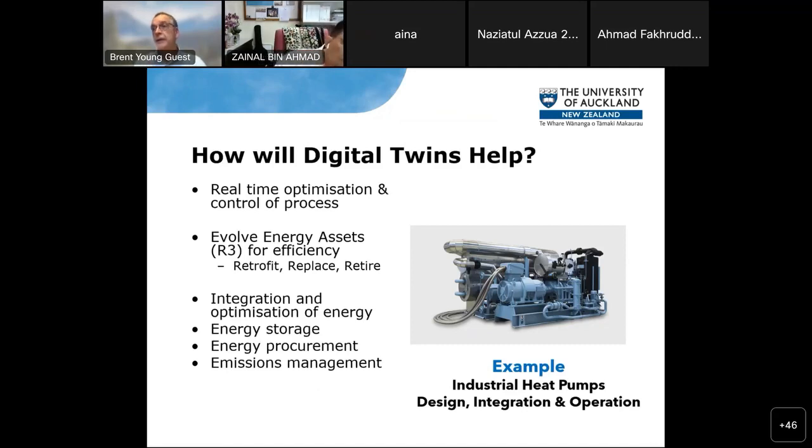We're looking at applying digital twins of industrial heat pumps to help New Zealand with its decarbonisation of its process heat, which is a common challenge globally as we're all working towards zero carbon by 2050 or sooner, in fact.